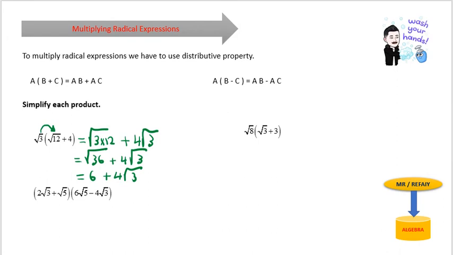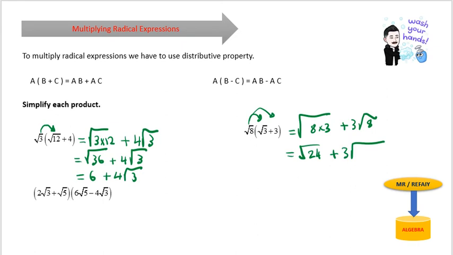Okay, in the same way we do the second question. Here root 8 times root 3 is equal to root 8 times 3 plus root 8 times 3, which will be 3 root 8. So here it will be root 24 plus 3 root 8, and 8 we have to simplify, it will be 4 times 2.